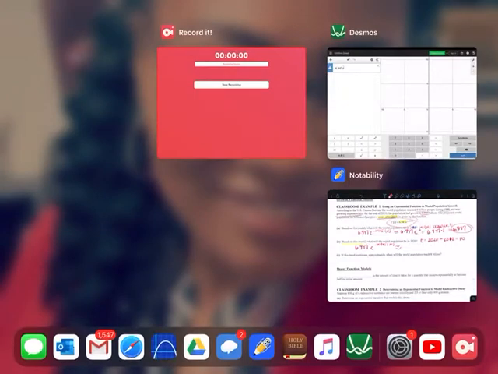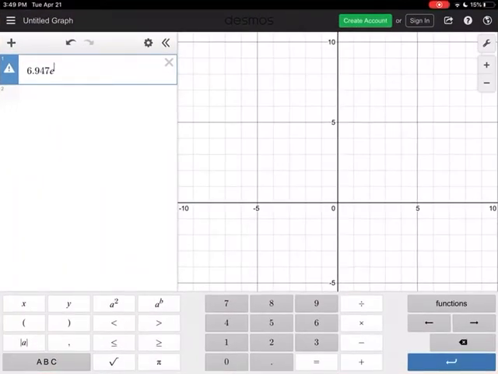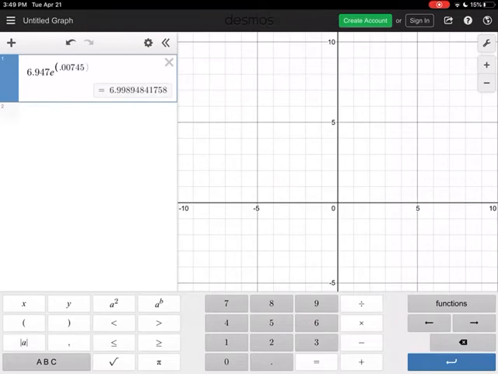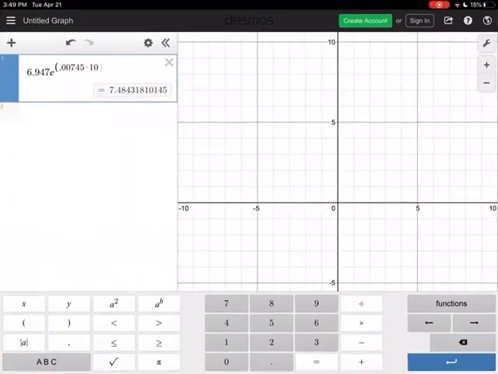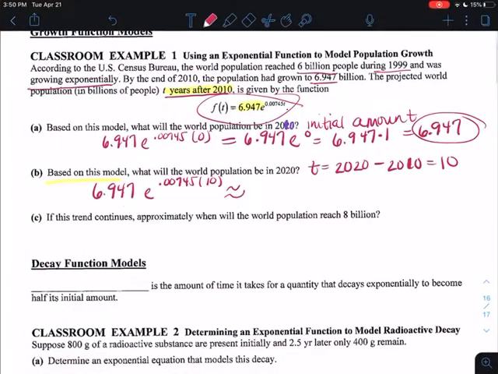Exponent. The decimal is 0.00745, so parentheses, because I have to multiply 0.00745 times 10. And so I get a value of 7.48 billion. So 7.48, and this is billions of people.